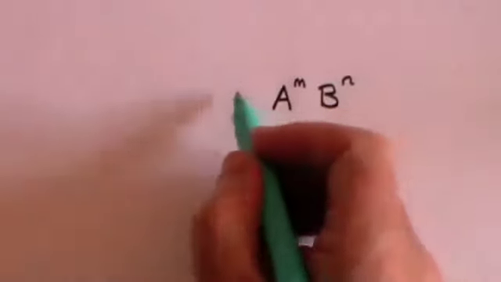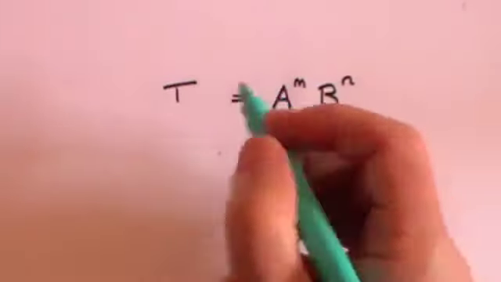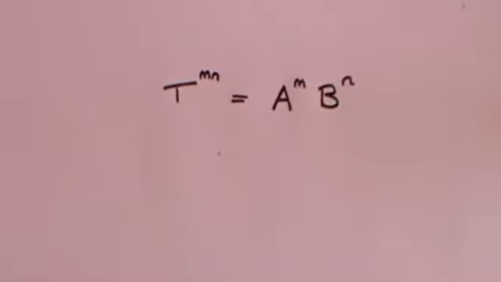That can be 1 or 2, you choose. And we say that the combination of the two becomes a tensor of rank 2, which we indicate by saying that it has 2 indices, m and n, equals the vector A with the coordinate m, and vector B with the nth dimension.